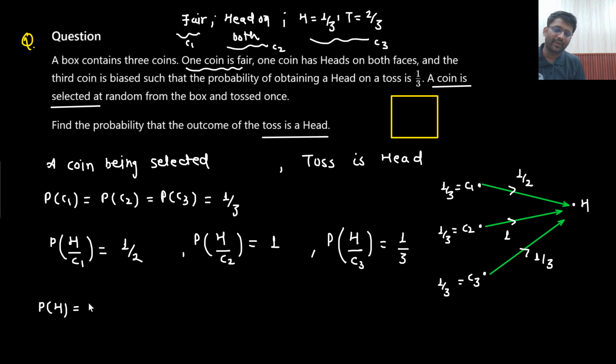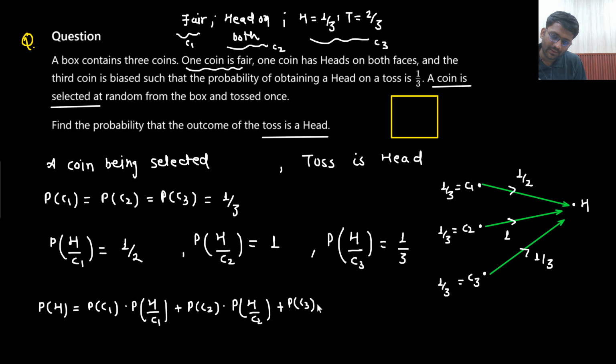So 1/3 into 1/2. Probability of selecting coin C1, or let's write it this way: C1 multiplied with getting head such that C1 is selected, or C2 multiplied with getting a head such that C2 is selected, or C3 multiplied with getting a head such that C3 is selected.